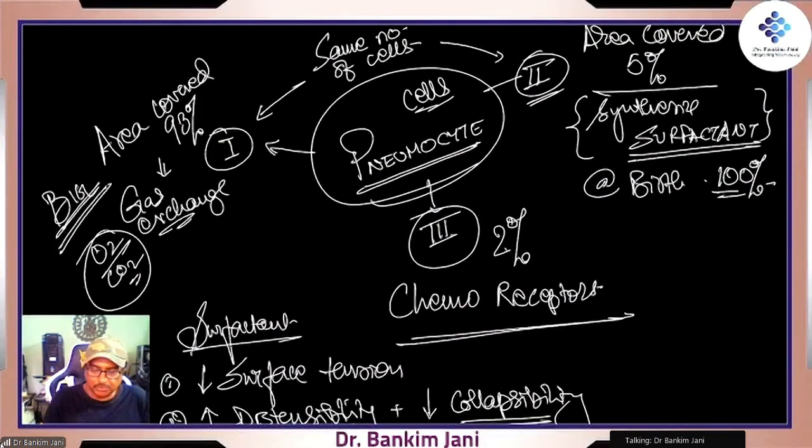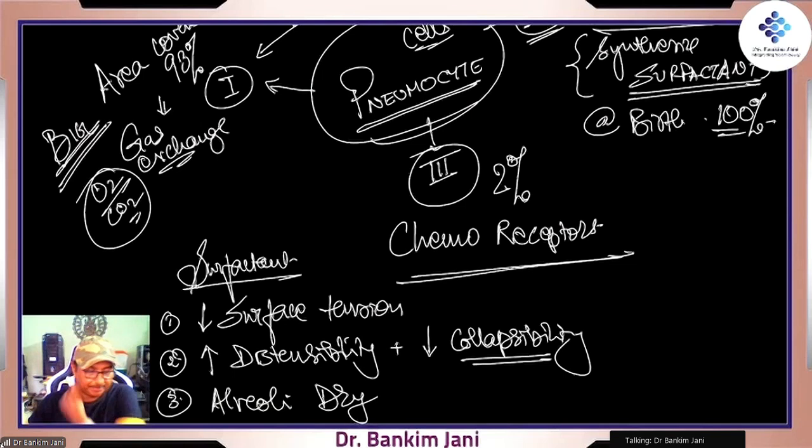Type 3 are just 2%, they are the chemoreceptors, receptors where there is a stimulus and then an effect inside. So these are the chemical receptors.